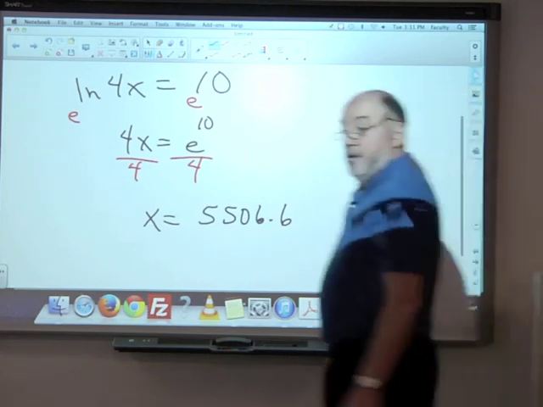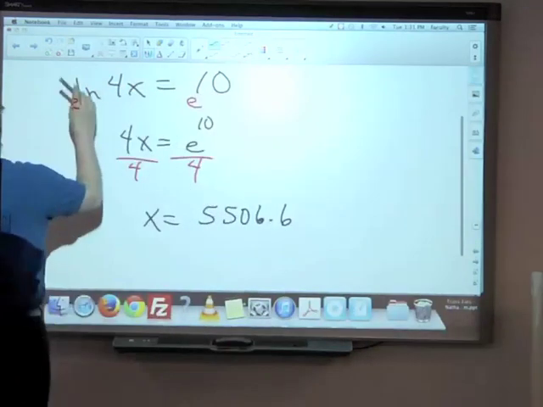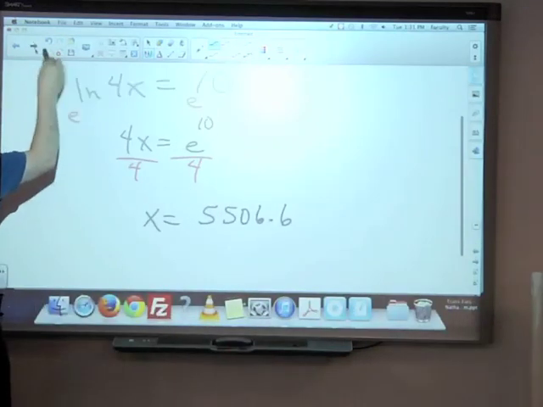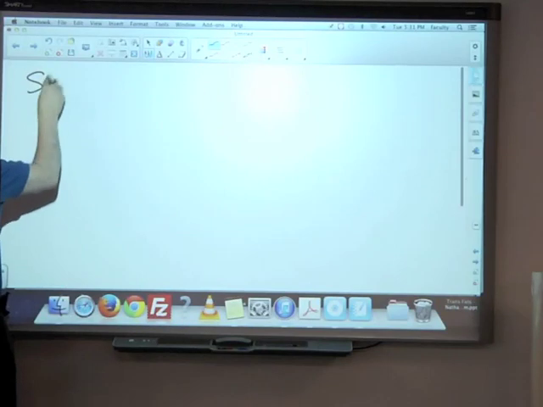How about one like this? Again, solve for x.